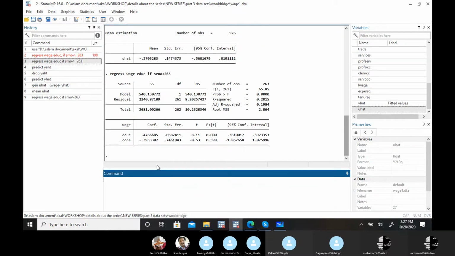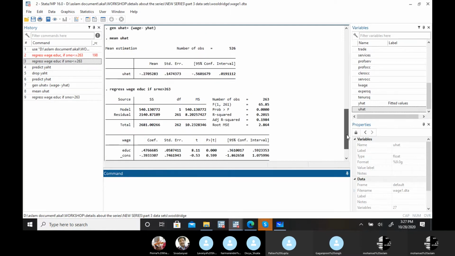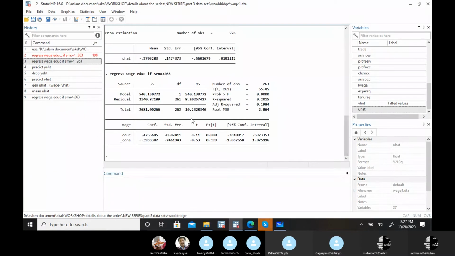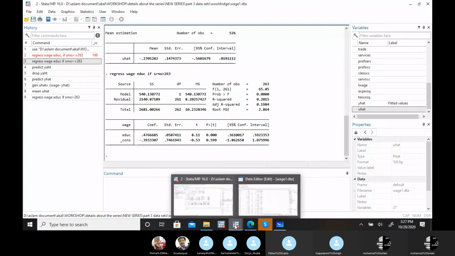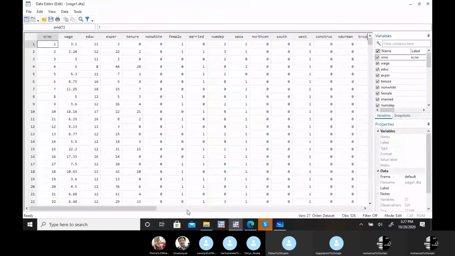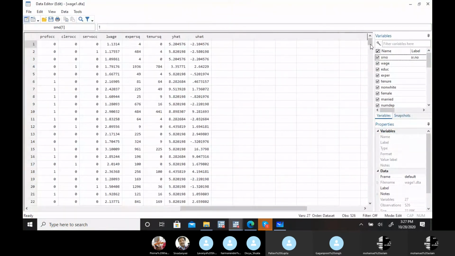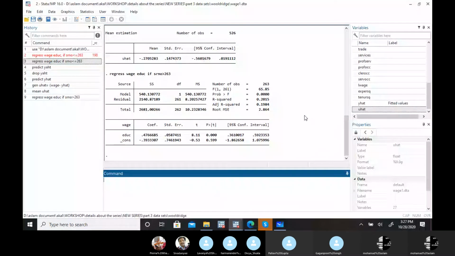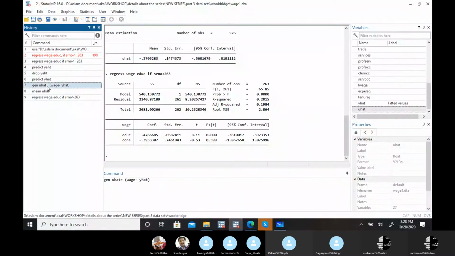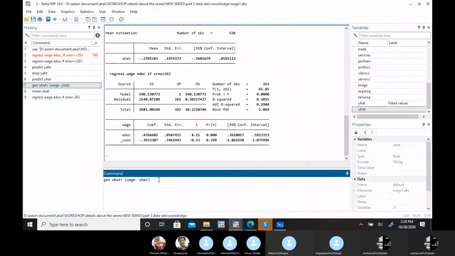Now again we need, oh sorry, u hat I calculated not for the, yeah, here an if command is required. You can put an if command with this particular u hat, generate if only first 263 observations. But we already have this regression line.